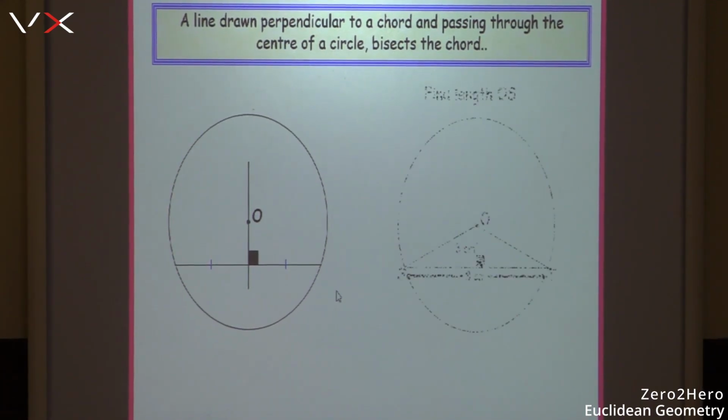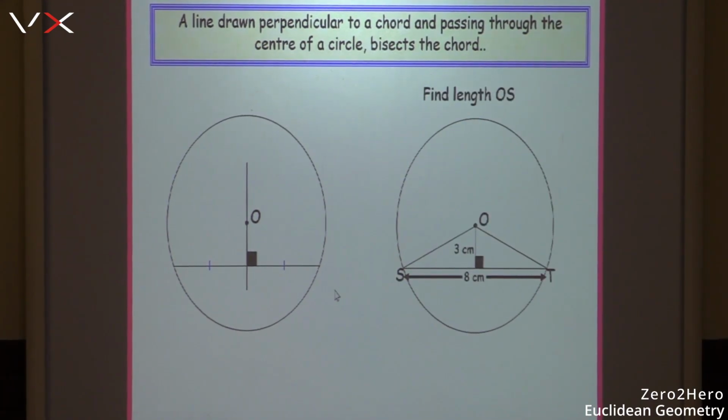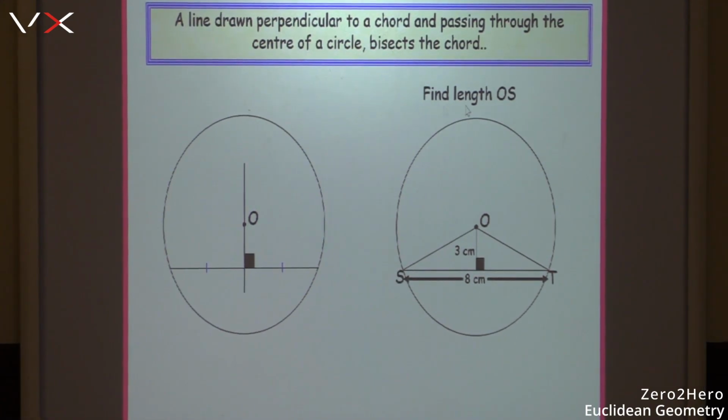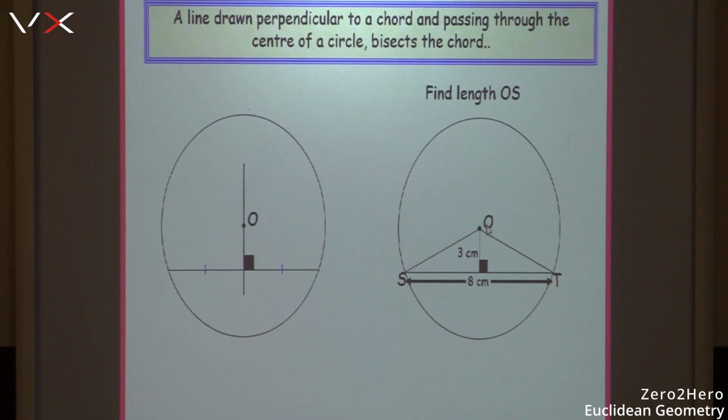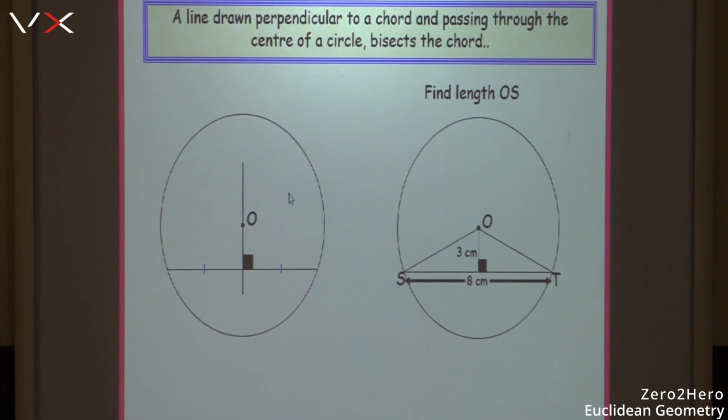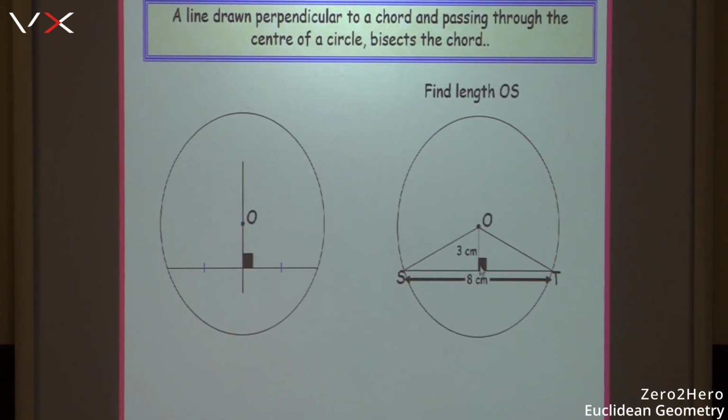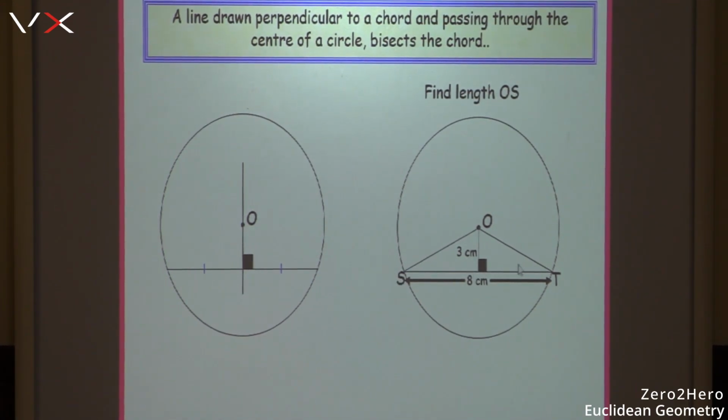That theorem is important. An example: if you go to the exam and work out to find the length of OS, where is OS? This is OS. How do you go about doing this? Applying this theorem, because we've got the same scenario. We've got a line that is drawn from the center of a circle perpendicular to this chord. What does it do? It bisects the chord.